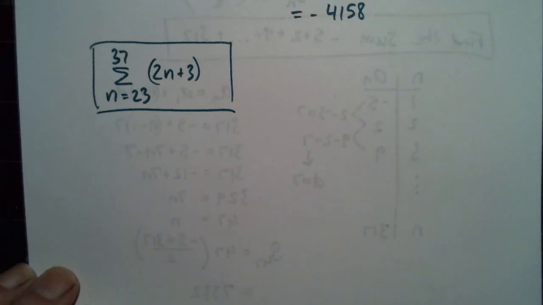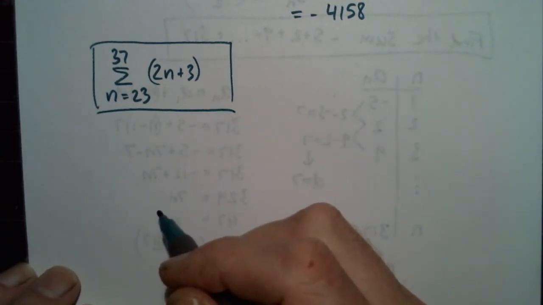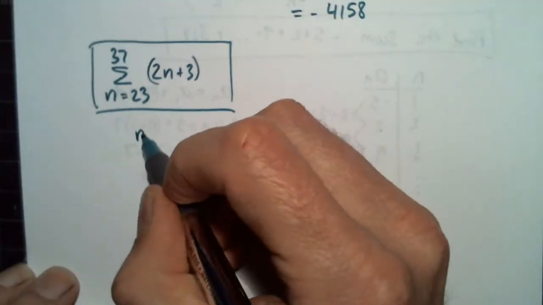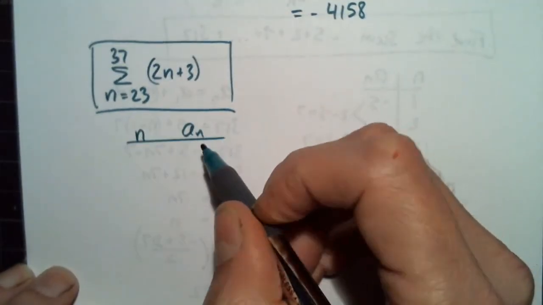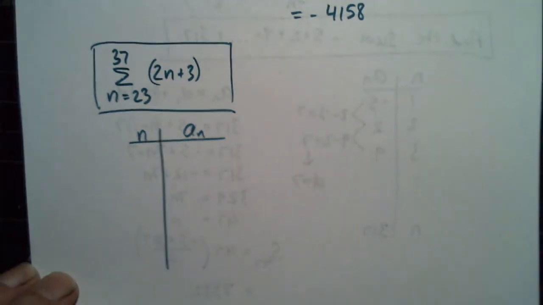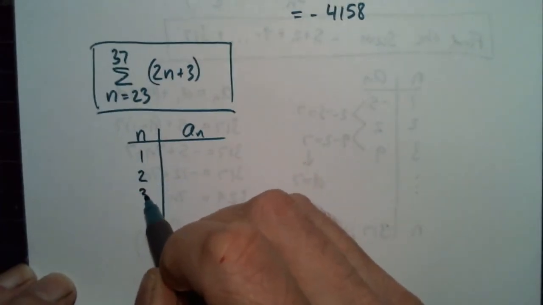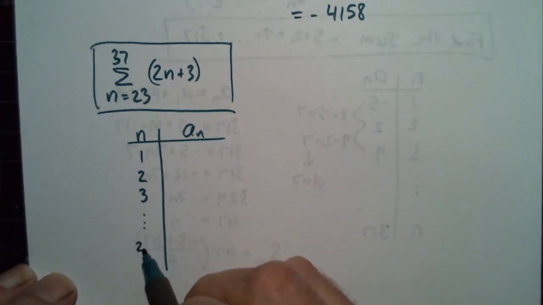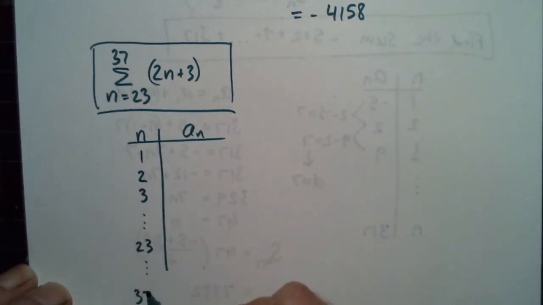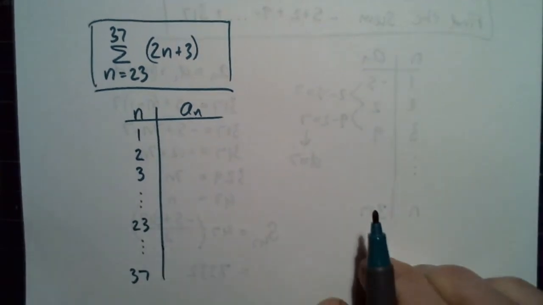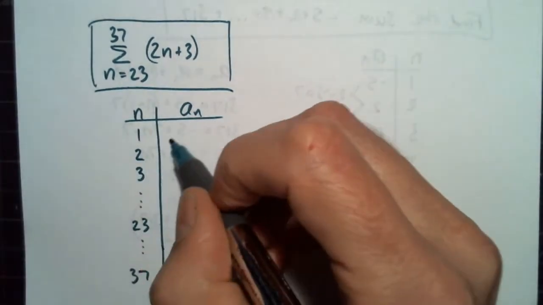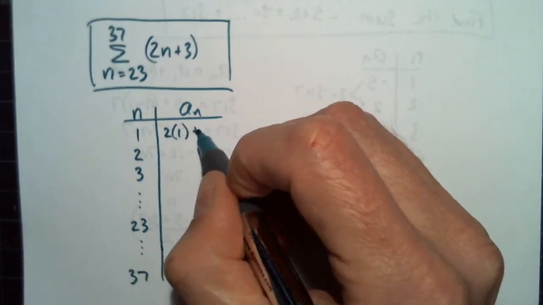Here we have to evaluate using sigma notation, and if we just start with a table, I think that'll help. That will make the problem look more familiar, because if we do a table every time, then they'll all look similar.